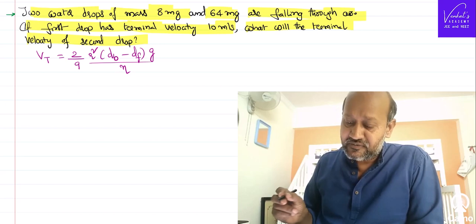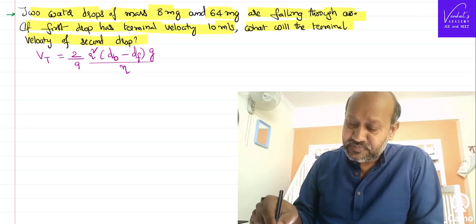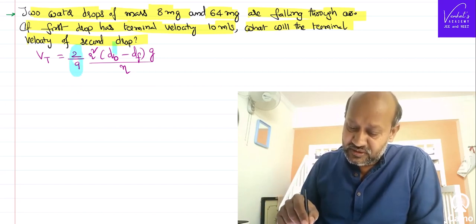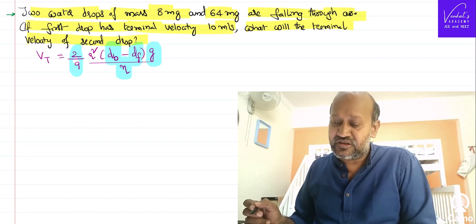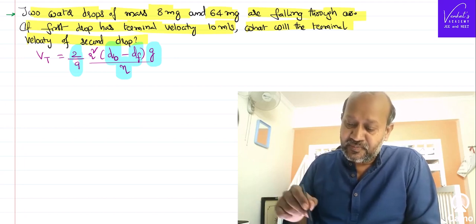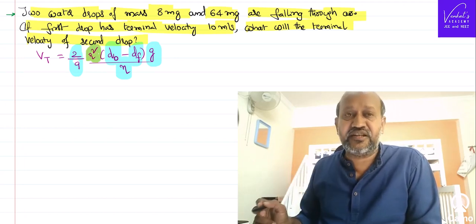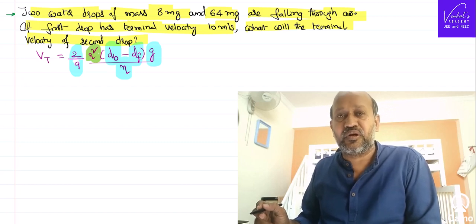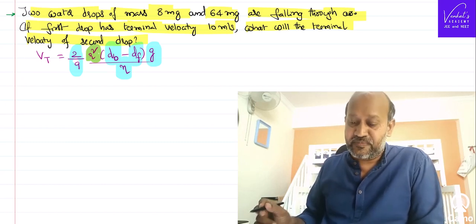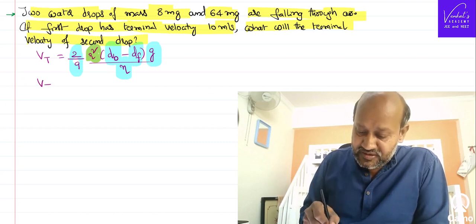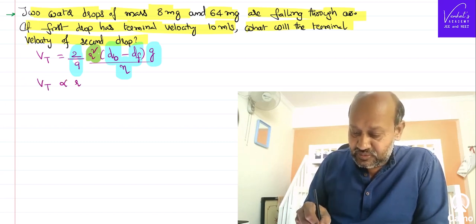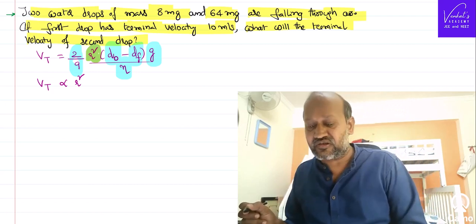If you notice carefully in this, 2 by 9 is constant, density of the body is constant, density of the fluid is constant, acceleration due to gravity is constant, and coefficient of viscosity is constant. The only variable is the radius of that drop falling through the viscous medium. So from this, what can we write? Terminal velocity is directly proportional to the square of the radius of that drop.